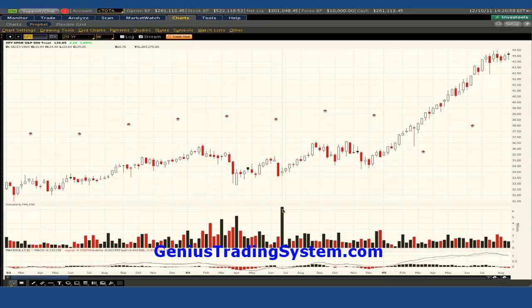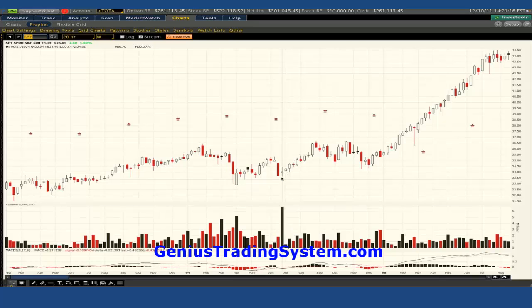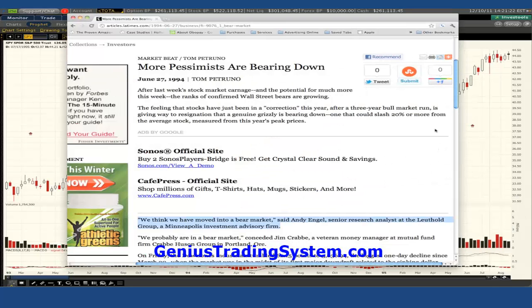It really does pay to be a detective when it comes to looking at the market and analyzing the market. What happened during that week that maybe gave us some clue that in fact the market was ready to make a turn? That this high volume week was significant in some way. Well, let's take a look at the news from June 27th, 1994.